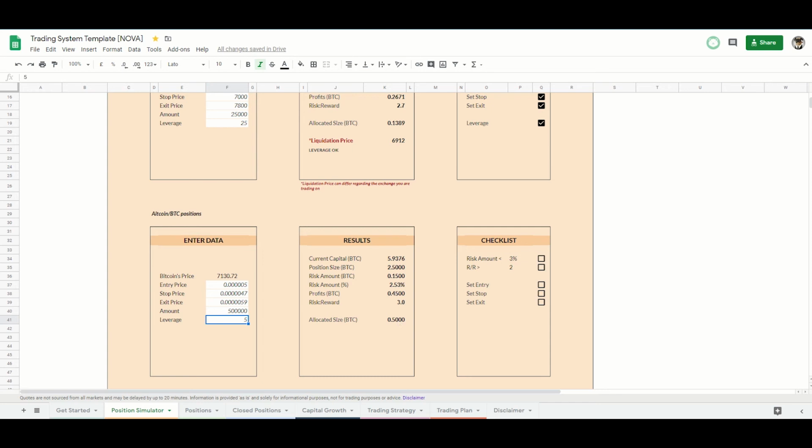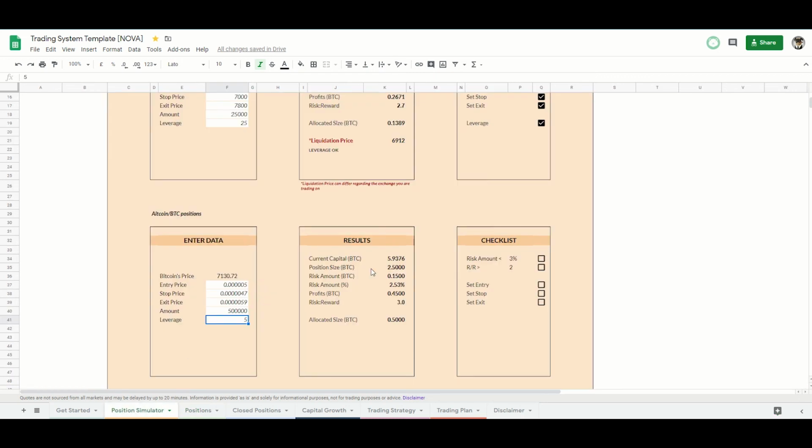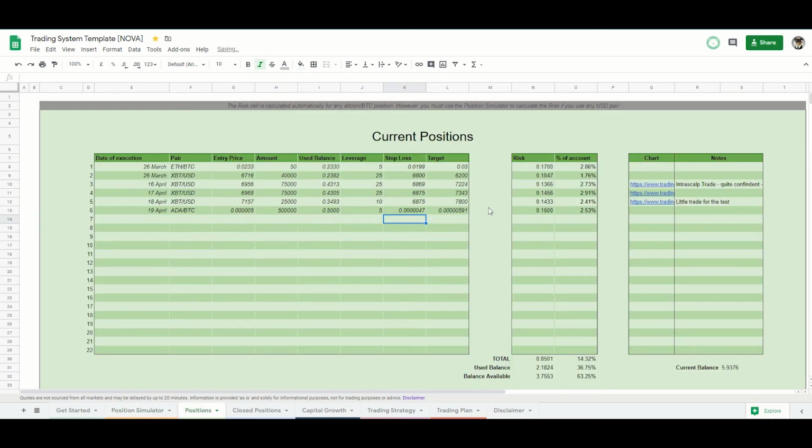I will just go to the position tab and put 500,000. For the used balance, I'm going to copy everything. Here you can see I'm risking 0.15 BTC on this trade, which is 2.5% of my overall account, which is within my risk management, so it's okay.